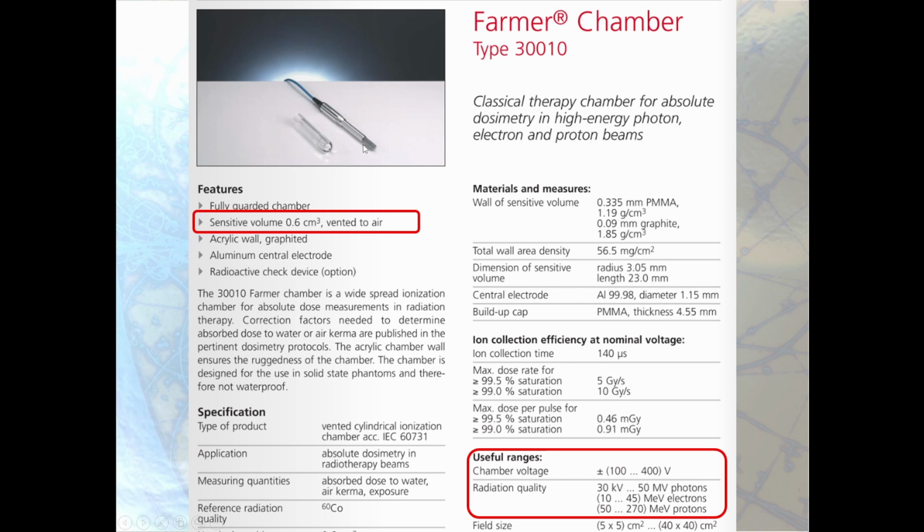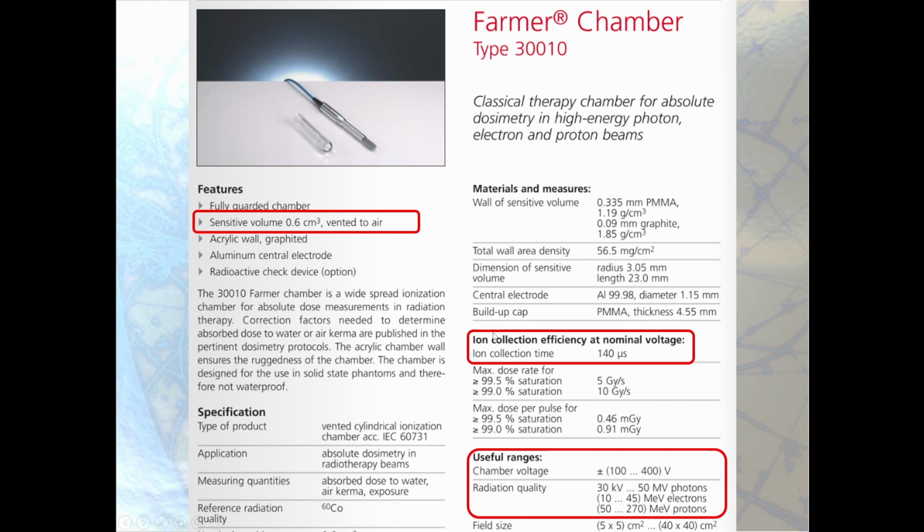It has a small sensitive volume, a portion of a cubic centimeter, and it's vented to air, meaning that air is running through the detector. Normal air, it's not a sealed detector, it's just connected to the external atmosphere.